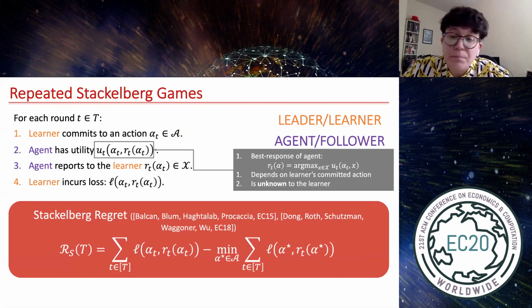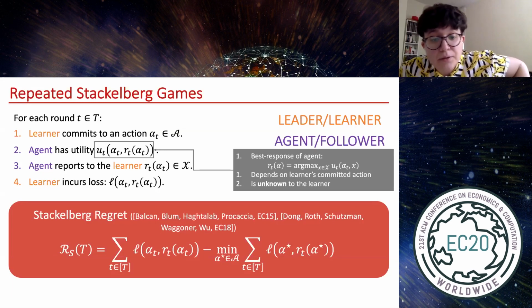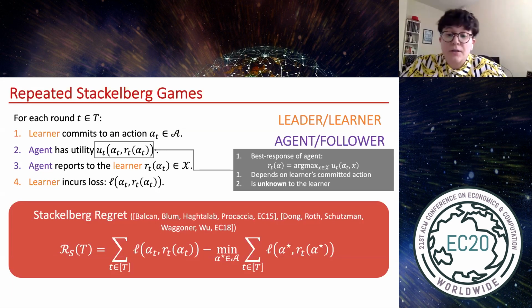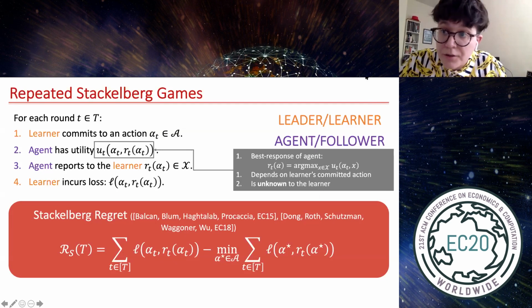And the benchmark, the guarantee that we are trying to optimize in these settings is the guarantee of Stackelberg regret, which was first discussed in the wonderful paper of Balkan, Blum, Haghtalab, Procaccia in EC'15. And it was formally defined in the very nice paper of Dong, Roth, Schutzman, Waggoner, Wu at EC'18.